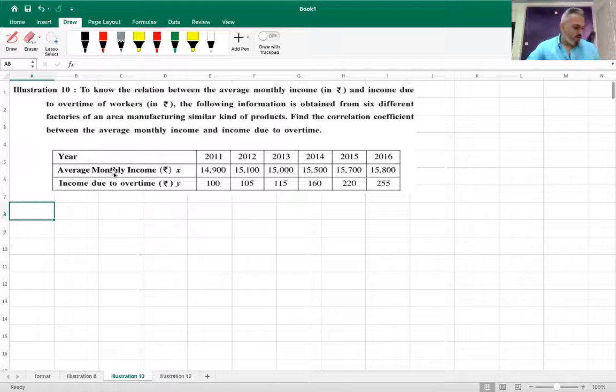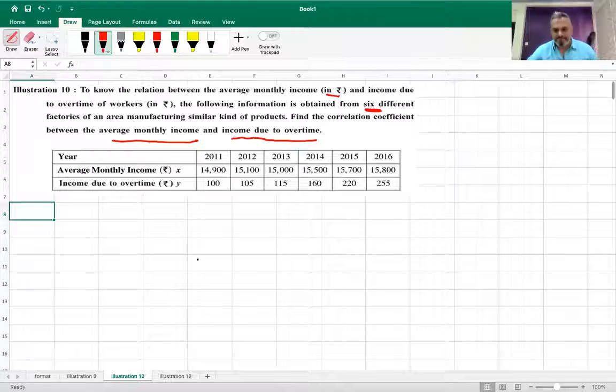To know the relation between average monthly income in rupees and income due to overtime of workers in rupees, the following information is obtained from 6 different factories of an area manufacturing similar kind of products. Find the correlation coefficient between average monthly income and income due to overtime. Now, we have values for x and y, so let's write that down.